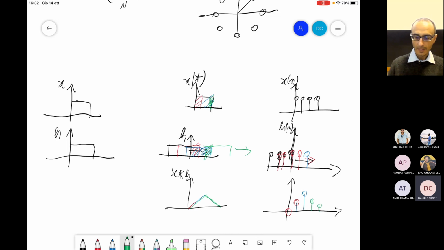Something like this. Because while you move, you overlap on more points, and then at the end, you don't overlap anymore. Is it clear for everybody? Is it clear? Okay, so this is what I mean here.